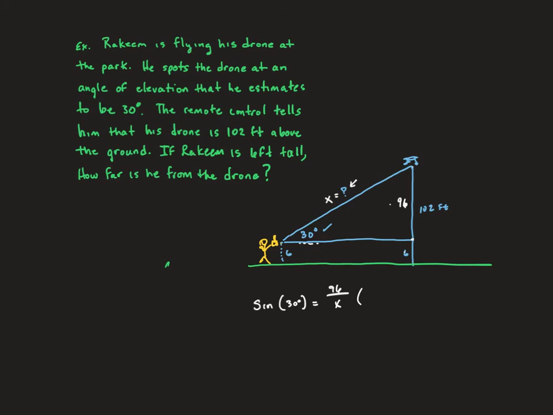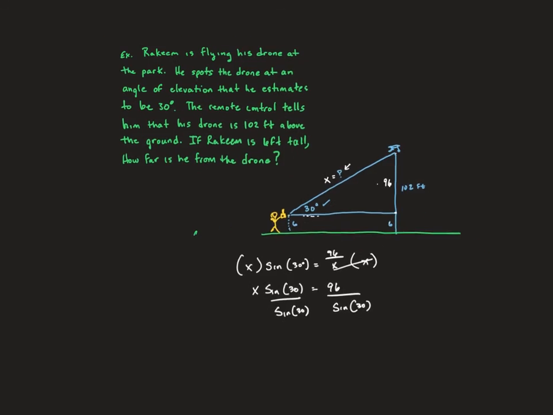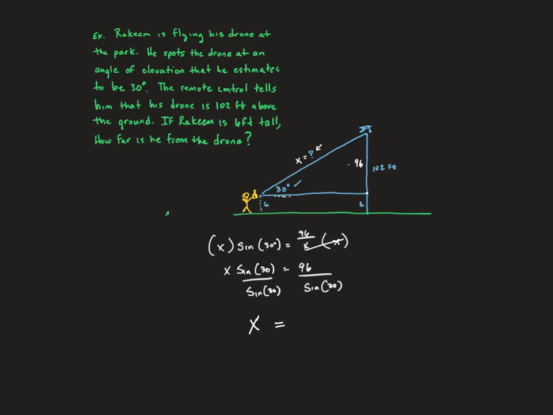I multiply both sides by x to get x out of the denominator, so x times sine of 30 equals 96, and then I divide both sides by the sine of 30. So x is equal to 96 divided by the sine of 30, and that distance from the drone should be 192 feet. So this length is 192.